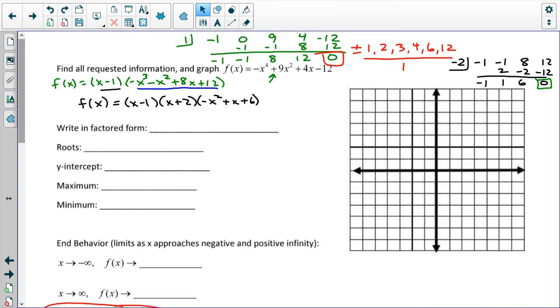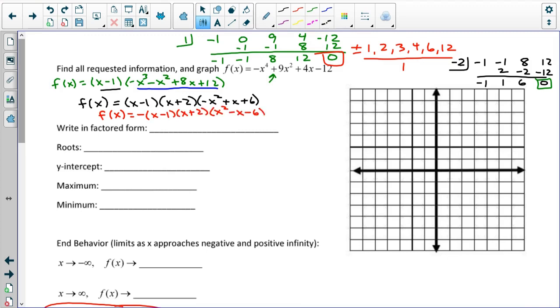In order to easily factor the -x squared plus x plus 6, I'm going to rewrite this as f of x equals -(x minus 1)(x plus 2)(x squared minus x minus 6), by just factoring out a negative from that trinomial.